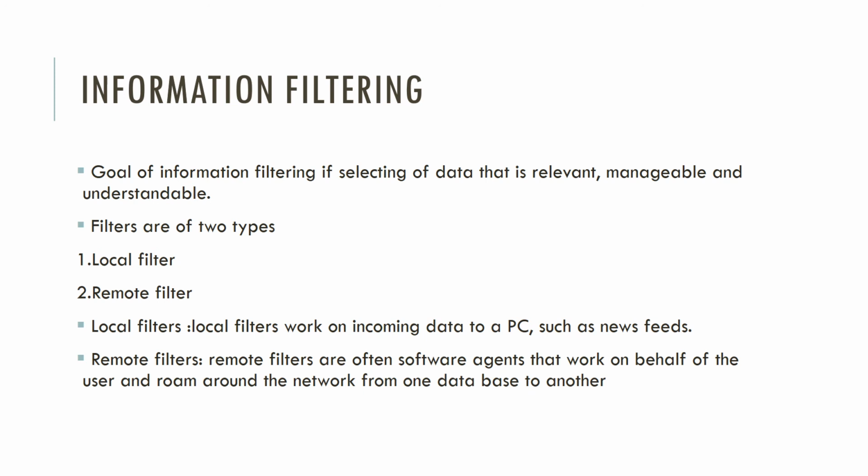Filtering is based on descriptions of individual or group information preferences, often called profiles. Filtering systems deal primarily with textual information, and there are a few information filtering agents, which are mail filtering agents and news filtering agents.